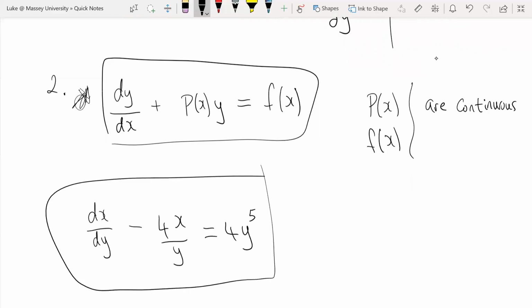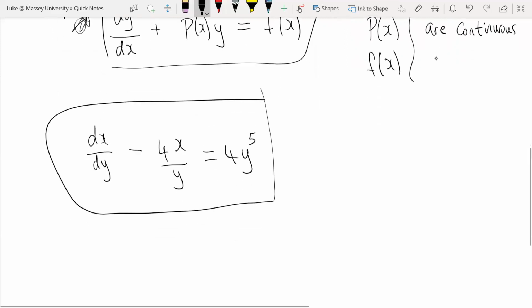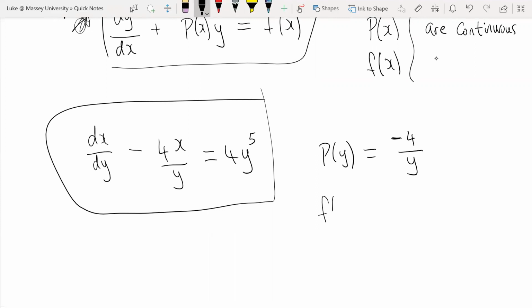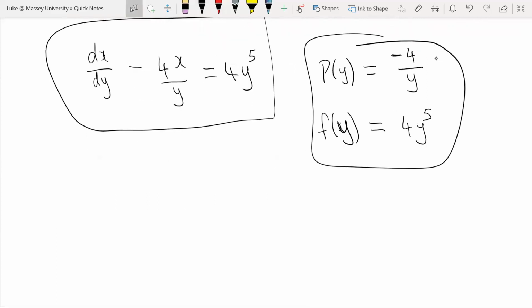Our independent variable here is actually y, so we're going to say p of y now rather than p of x. So p of y is equal to negative 4 over y. And f of y, because y is our independent variable here, is just the right-hand side, so we get 4y to the power of 5. We need to check the continuity of these two functions. Well, f of y is continuous for all values of y.